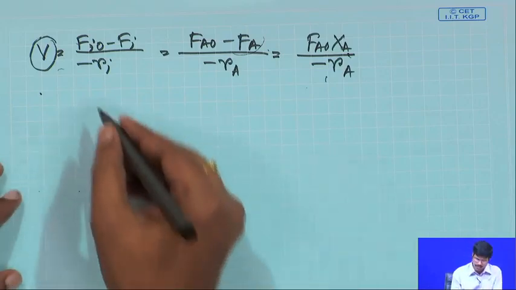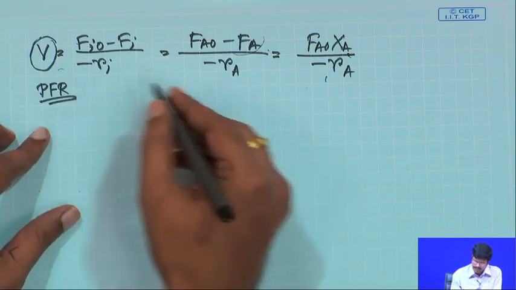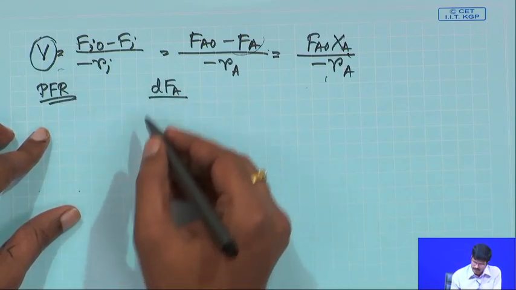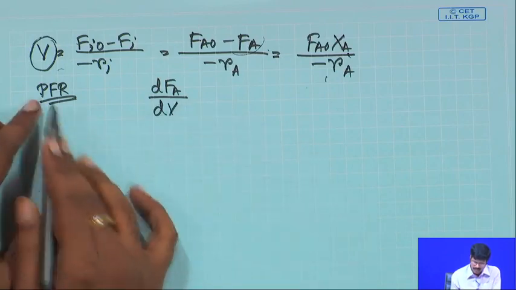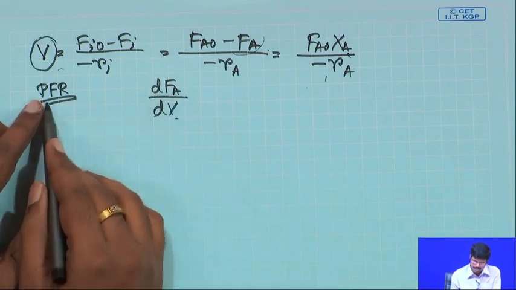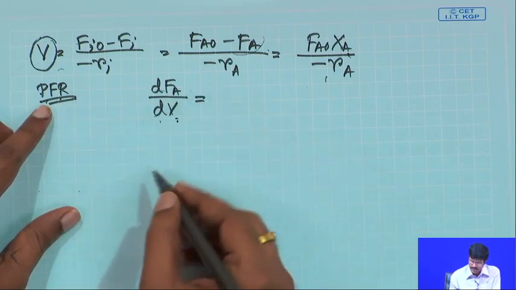And what is the expression for PFR, plug flow reactor, for example? Again, you can derive this for yourself. This is the general design equation for plug flow reactor. If it is packed bed, it will be dFA/dW. Now, if it is plug flow, this is dFA/dV, which is equal to RA.